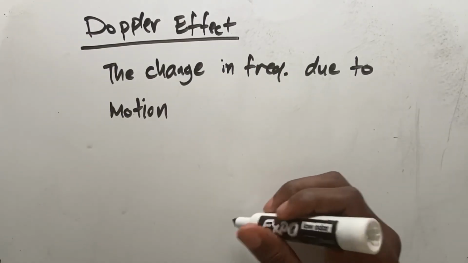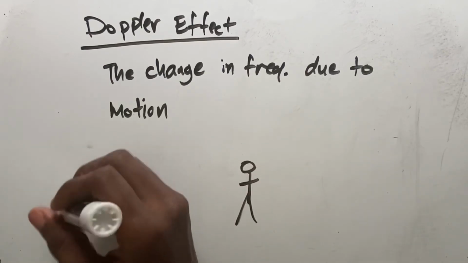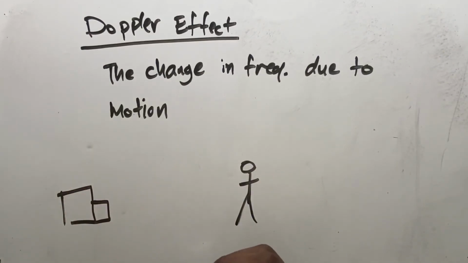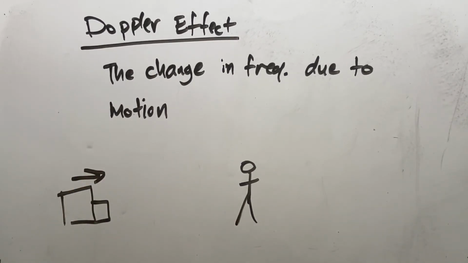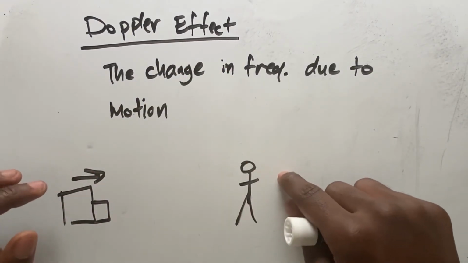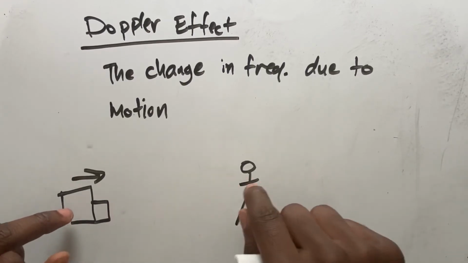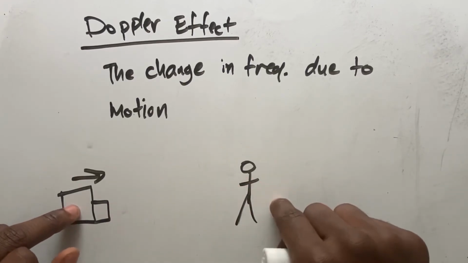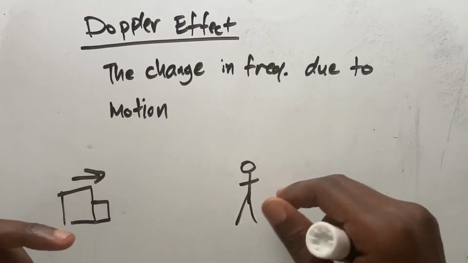So basically what's happening is you're standing here, then we have the ambulance over here, and it's driving in this direction. As it drives in this direction, it's giving off some type of sound waves, and then you hear those sound waves, but the sound isn't just coming at you, the truck is also coming at you. And so that changes the frequency that you hear.